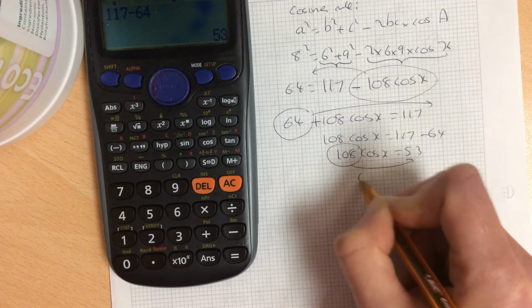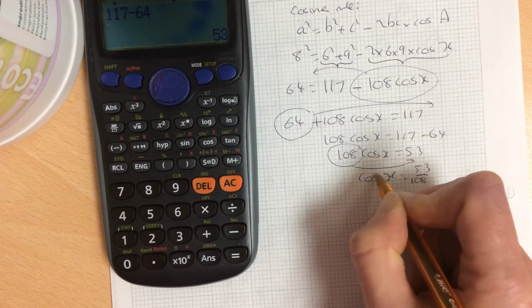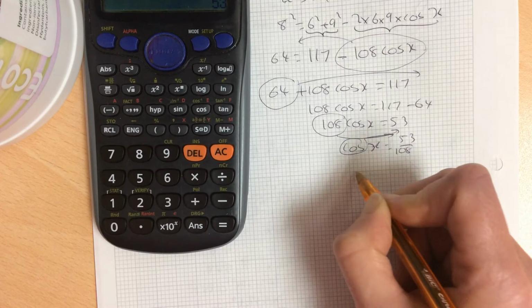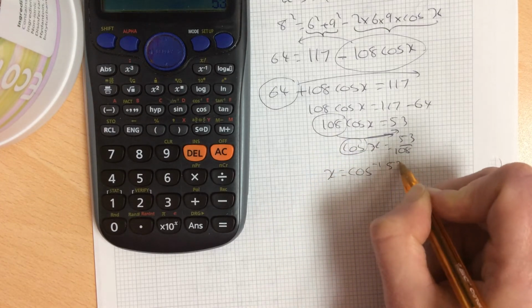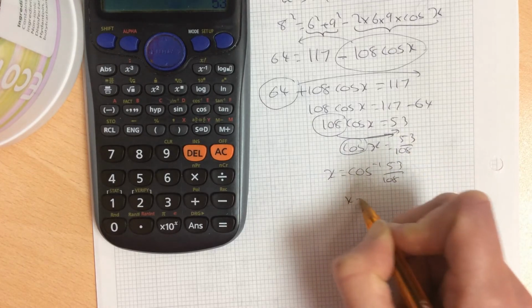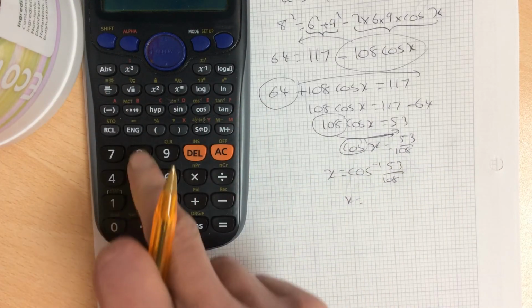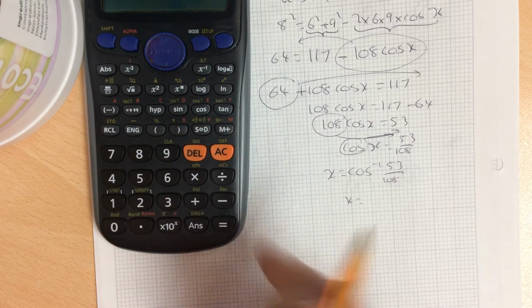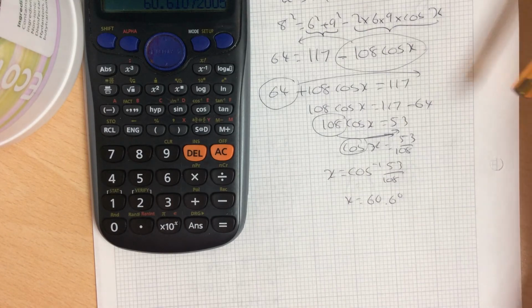Now move your 108 over and it becomes a division. Now move your cos over and it becomes inverse. So x is inverse cos 53 over 108. So inverse cos 53 divided by 108, close your brackets, gives you an answer of x equals 60.6 degrees.